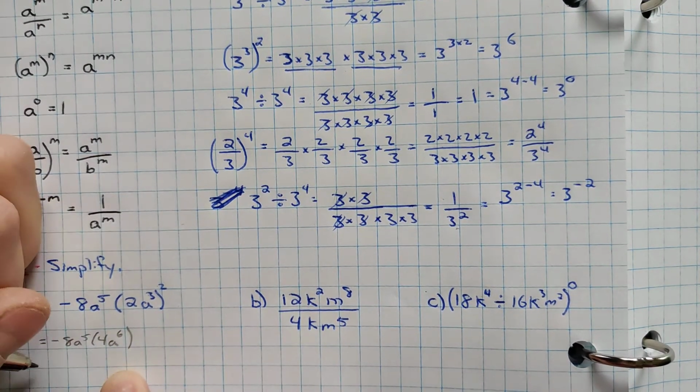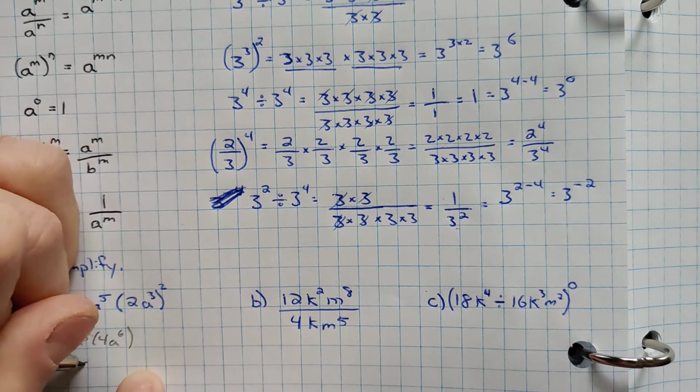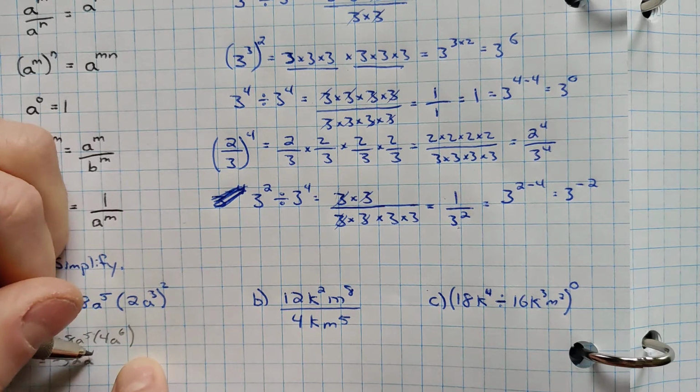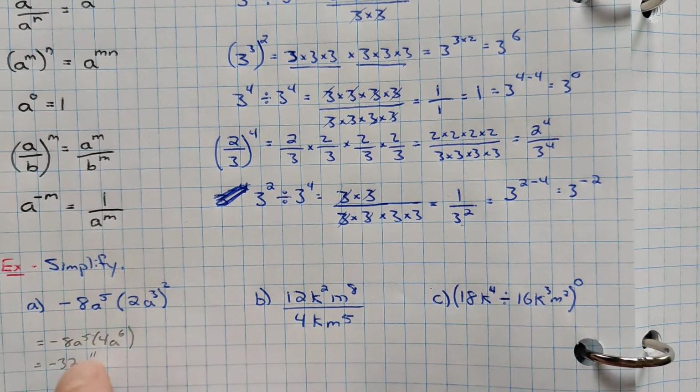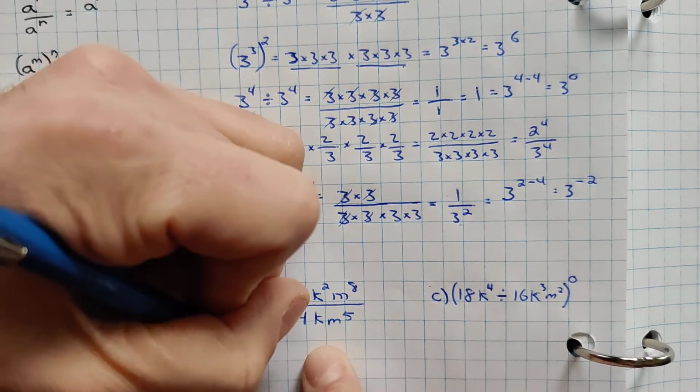Now I just multiply these out. I multiply the numbers together: negative 32. Multiply a to the 5 times a to the 6, and I get a to the 11, because again, we're adding the exponents. In the next case, we're dividing.